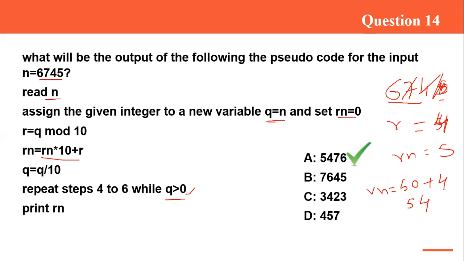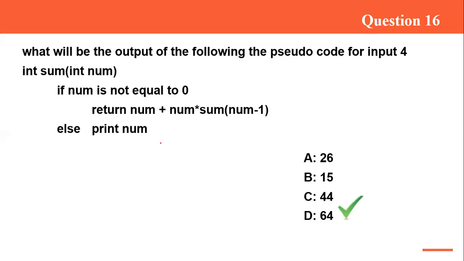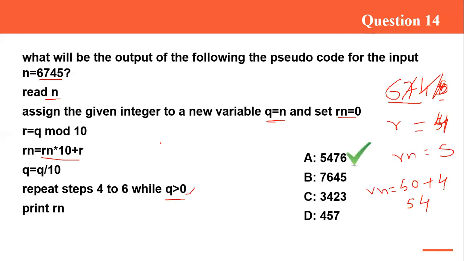67 greater than 0, true. Enters inside. 67 mod 10 will be 7. R value will become 7. Rn value will be made as 54 into 10, which is 540, plus 7. It will be 547.